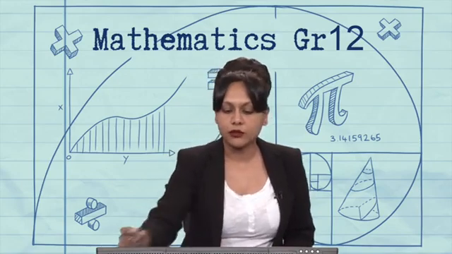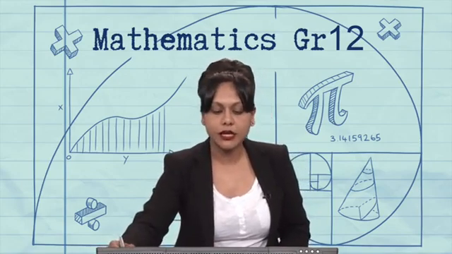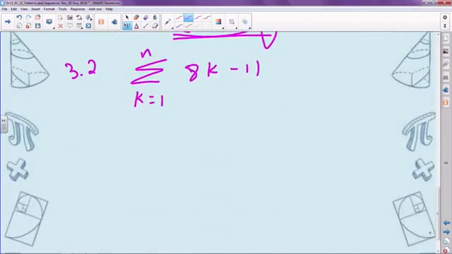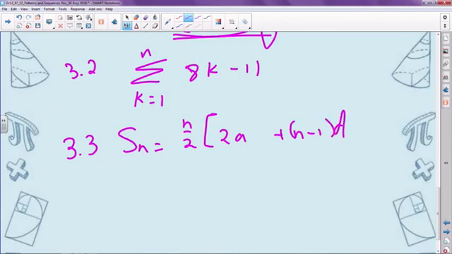All right. Okay, and then the next one, 3.3: show that Sn is equal to 4n squared minus 7n. You'll see that now they've swapped back into n's. So we're going to use the formula Sn is equal to n over 2 into 2a plus n minus 1 times d. We're going to leave the n as it is.